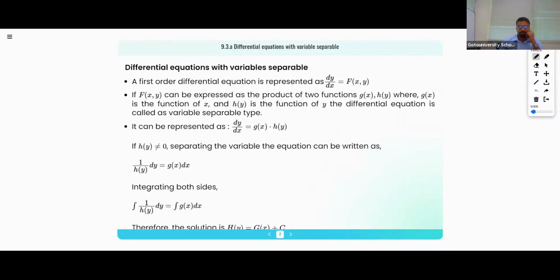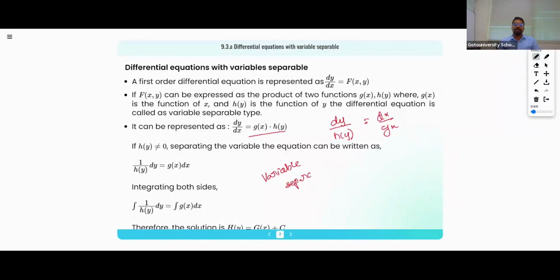When we can do that, we first express the differential equation as a product of the two different functions, g of x into h of y. After that, we can separate them by taking y on one side and x on the other side, and then we integrate on both sides so that we get the equation in terms of y as well as x. Such a method is called the variable separable method.